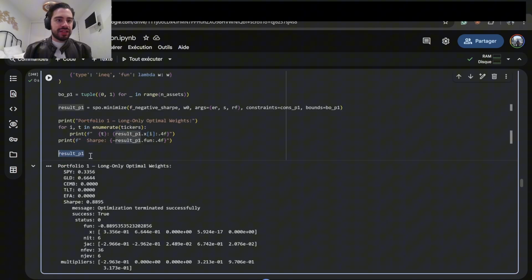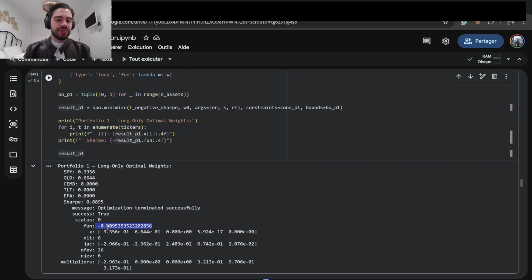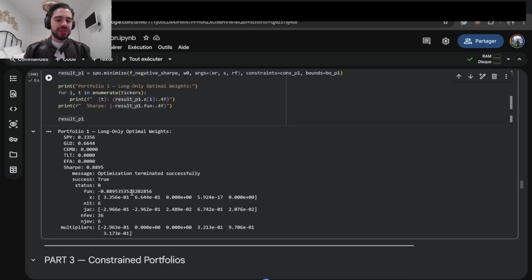Let's see what is happening here. I received this object here, result P1, and as you can see, these are the attributes of this object. The function gave me a negative Sharpe ratio of 0.8, and I got these weights as defined.